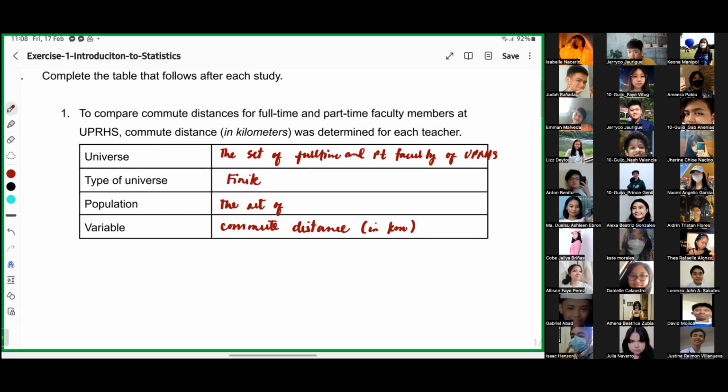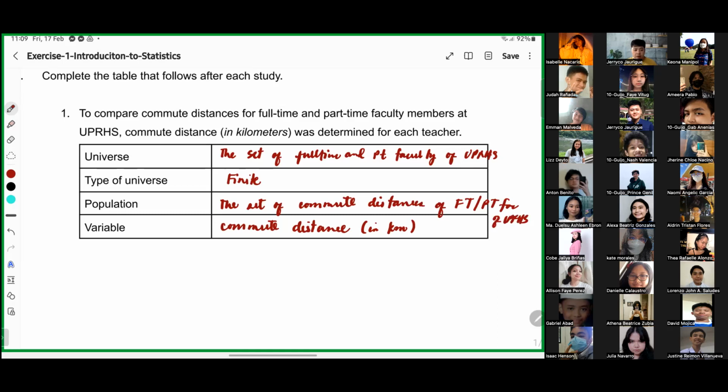Singit na muna natin to, para hindi maguluhan yung sentence natin. The set of commute distances of full-time and part-time faculty of UPRHS.